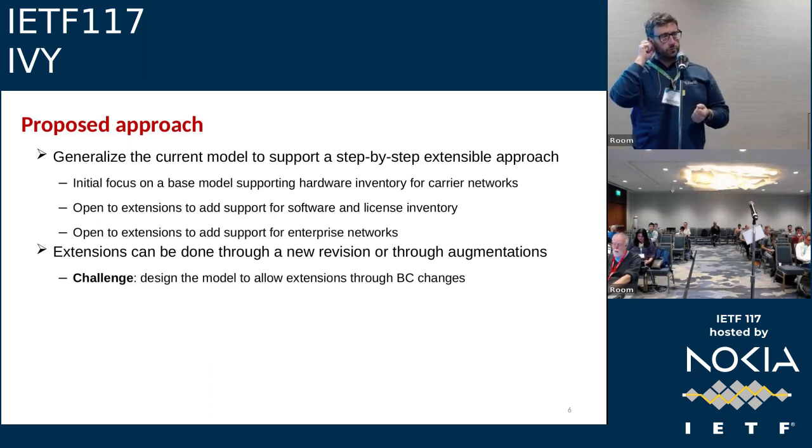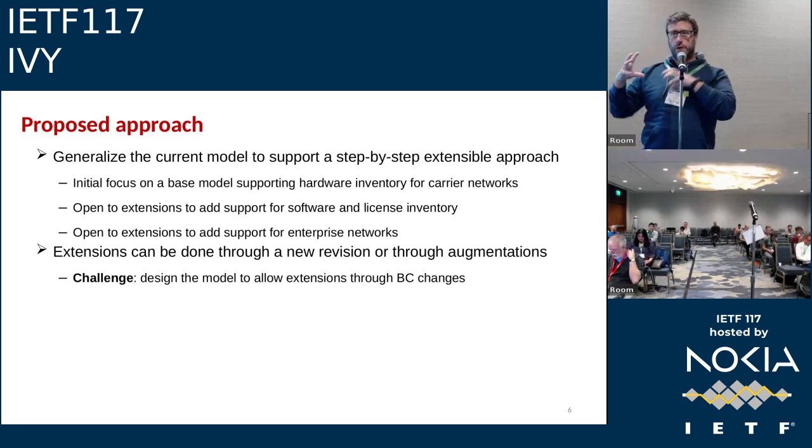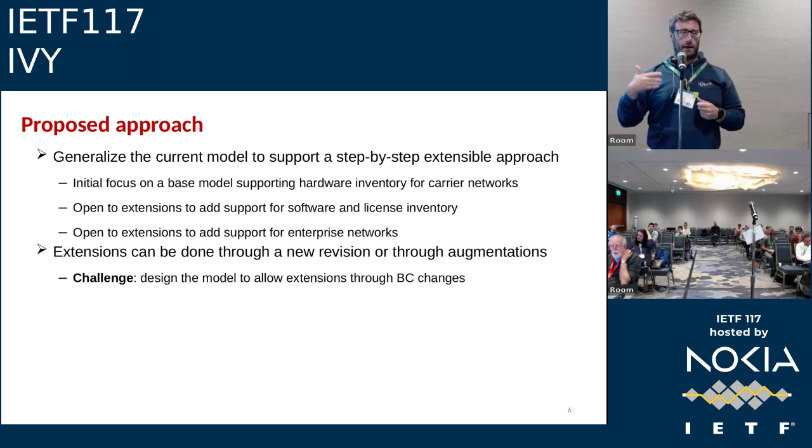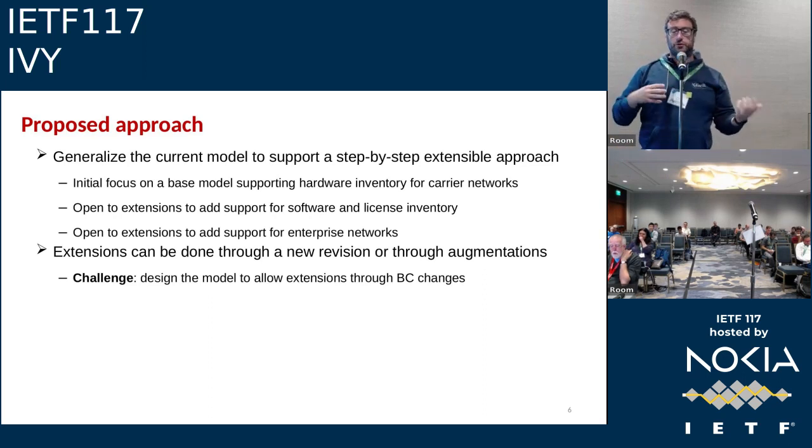So we want to make sure that whatever we do now is not going to block the future evolution, but we don't want to delay the work that is required, that has urgent needs, until all the future evolution is cleared up. And this extension can be done either through new revision or through augmentation.